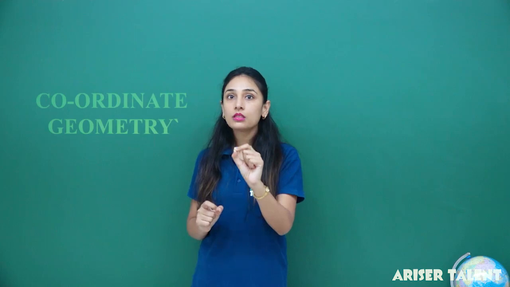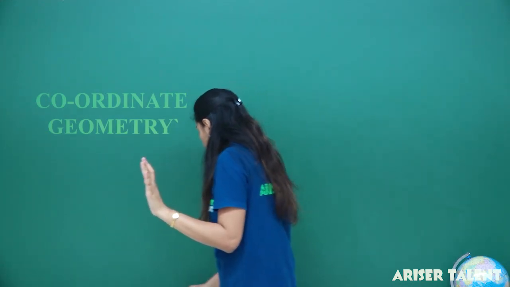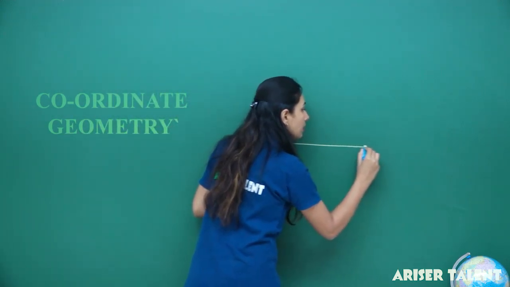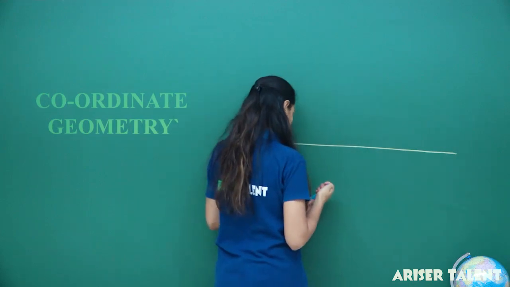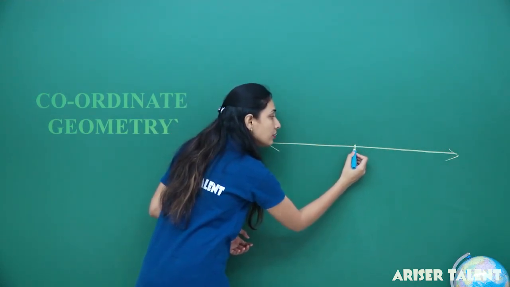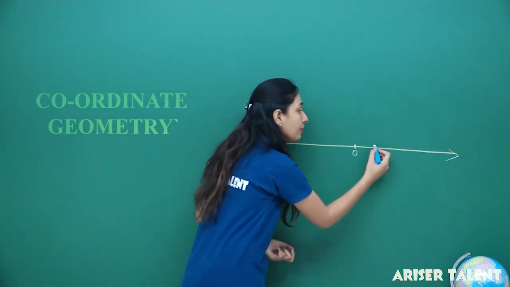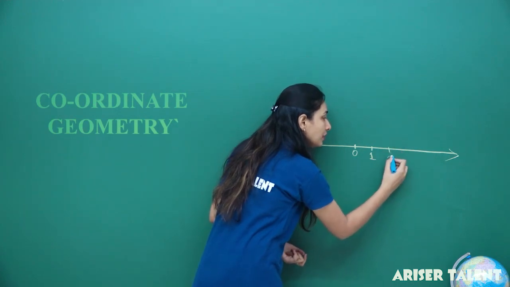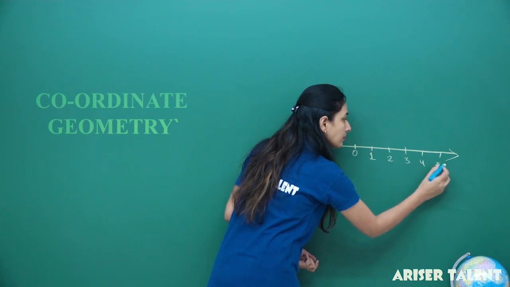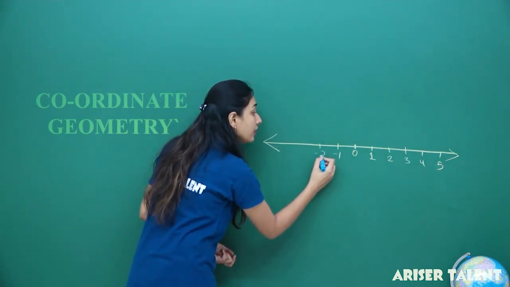We have discussed the number line, you are familiar with that. So if that was 0, we have positive numbers here. Sorry, this is 5, and the negative numbers here on our number line.